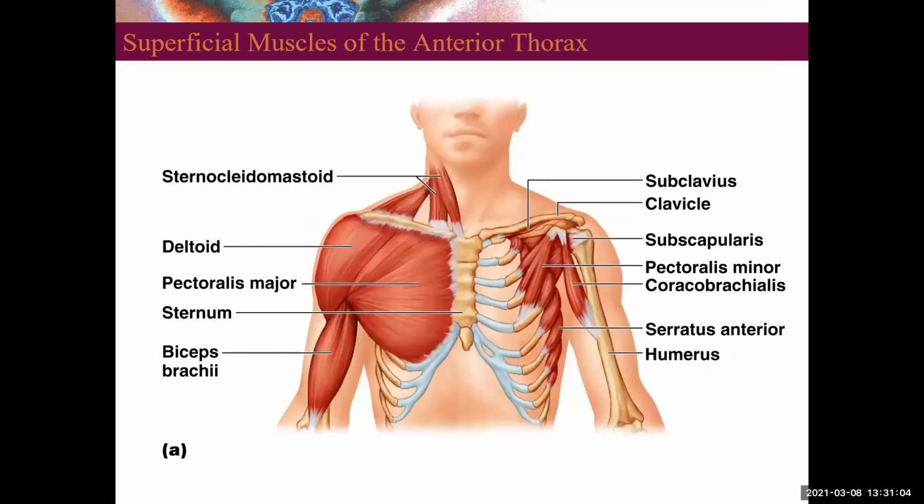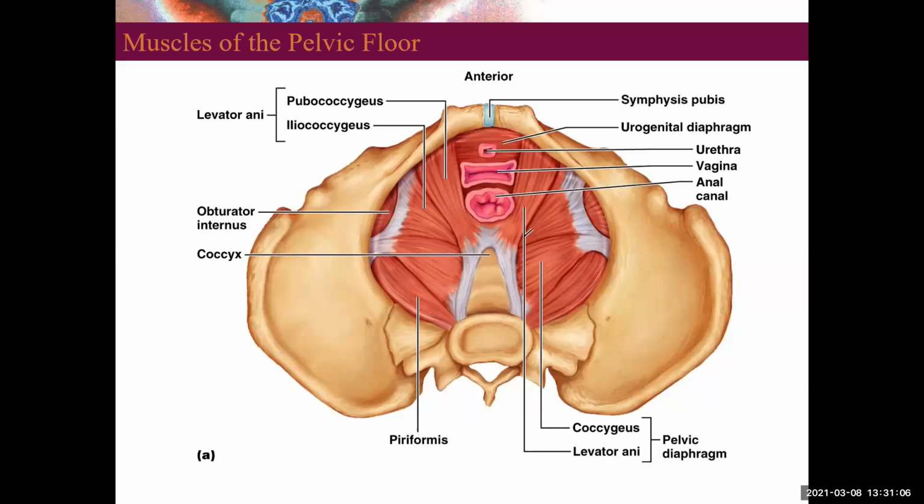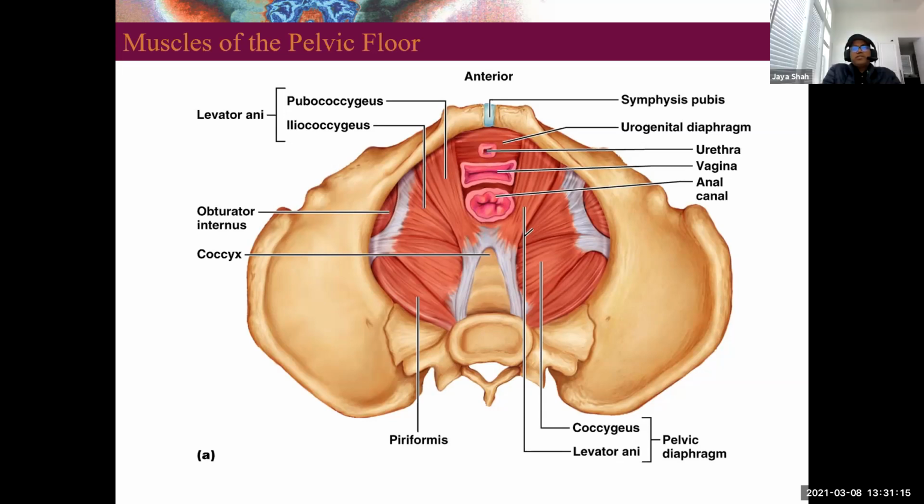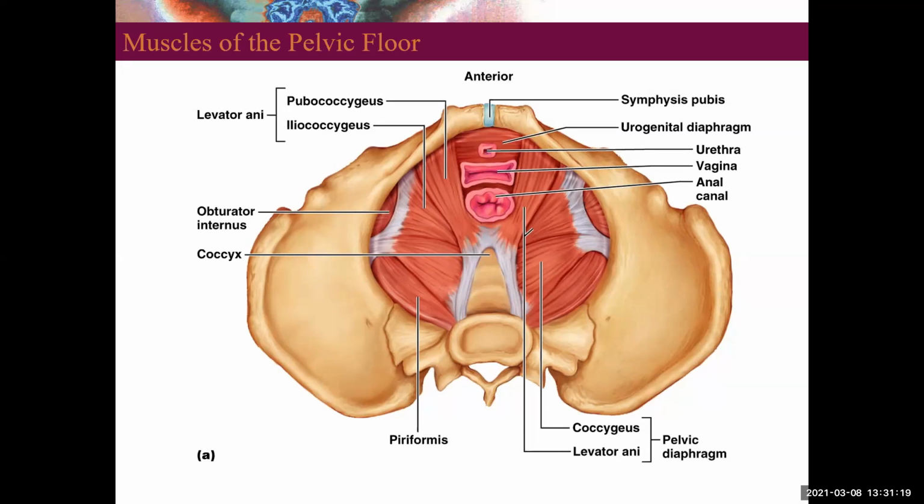Professor, I had a quick question. In the PowerPoint, it says the levator ani is made from 3 muscles, but in the diagram, it shows 2. Is it 3 or only 2? Which 3 muscles does it say? It says iliococcygeus, puborectalis, and pubococcygeus.